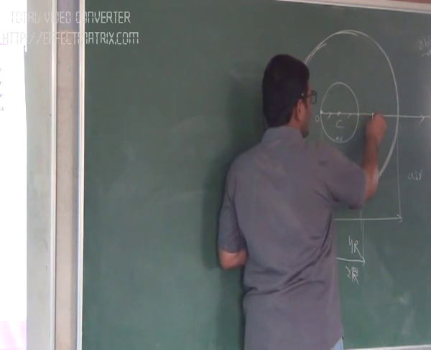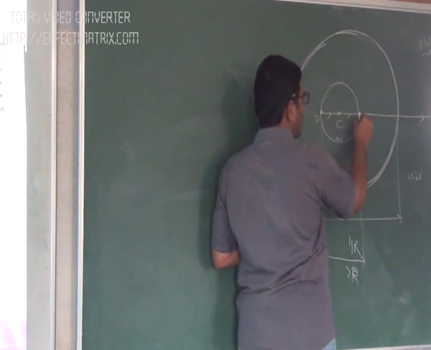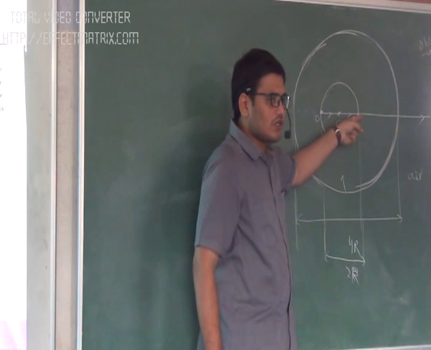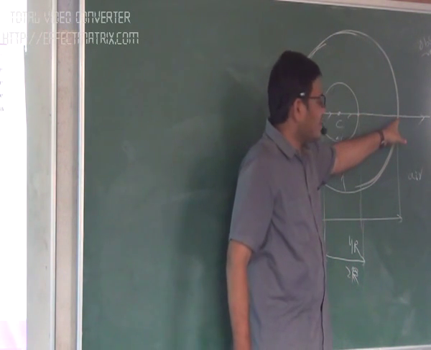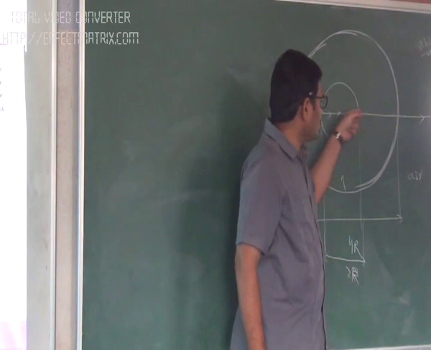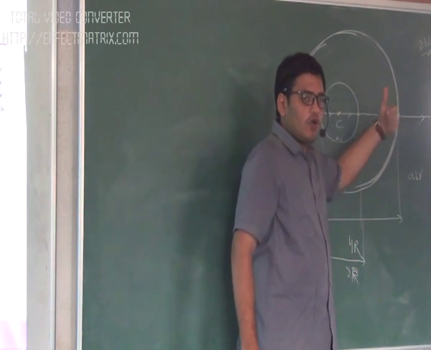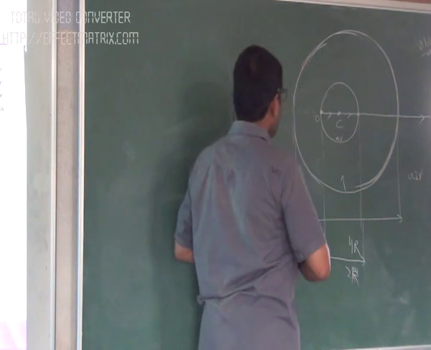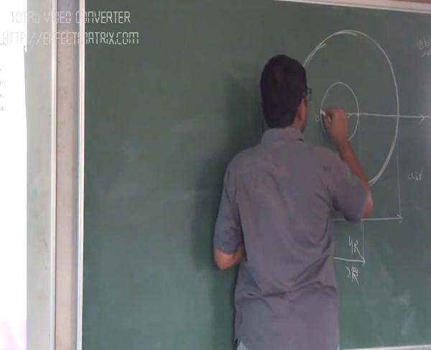It goes undeviated, because at this point, if you draw a normal, it is traveling along the normal. And it is getting incident at this location also along the normal. So it will go undeviated. Okay, this is the first thing. Now, next.